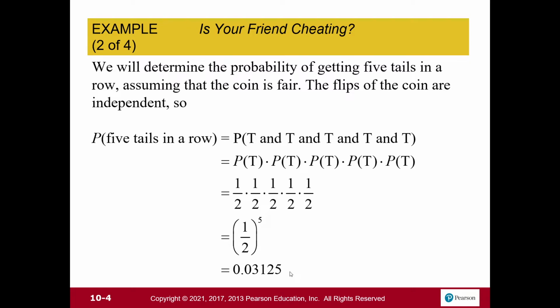That's about 3%. All right, it's pretty rare. Anything under 5% or 0.05 is unlikely to happen. Now, the theoretical probability of this happening, we would expect about 3 out of 100 times.